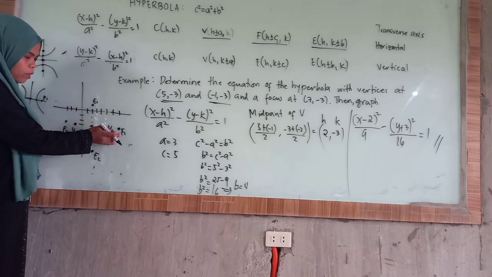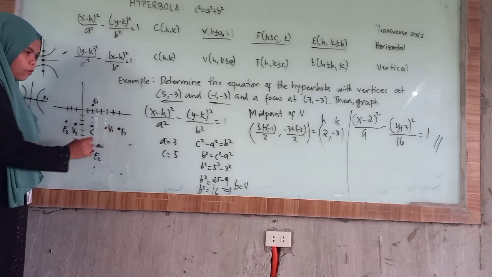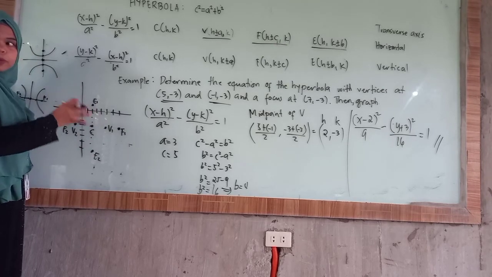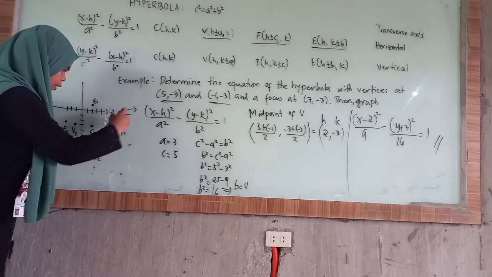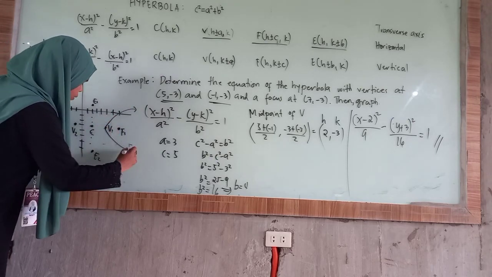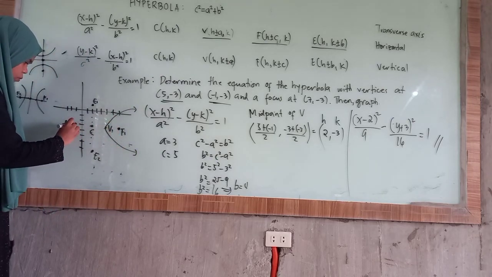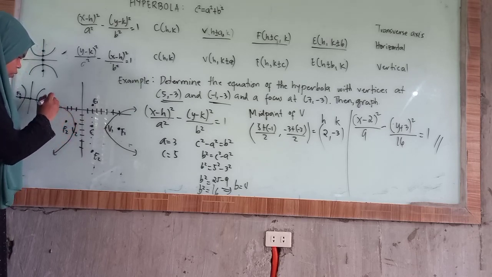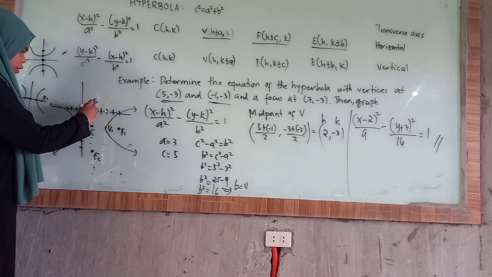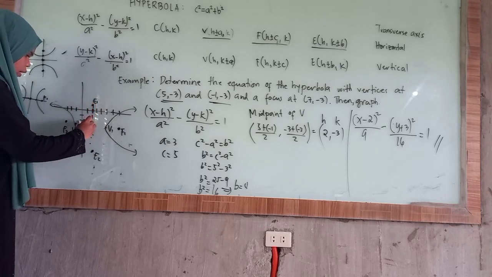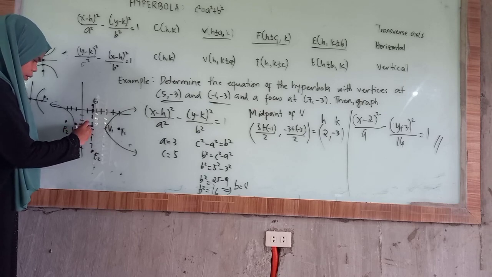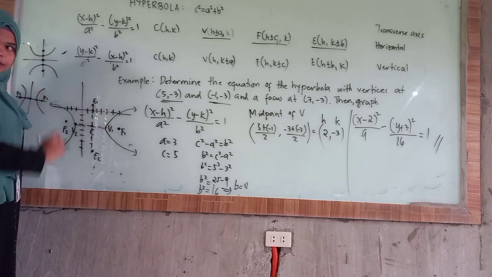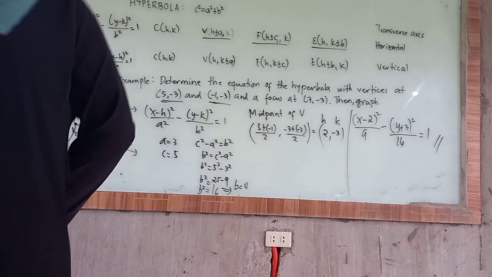And you have to make sure na yung bawat focus ay nasa loob ng curve. Okay? So, hindi ko na i-require na maghanap pa ng other points. So, ito yung tinatawag natin na conjugate axis. Conjugate axis, ito naman yung tinatawag natin na transverse axis.